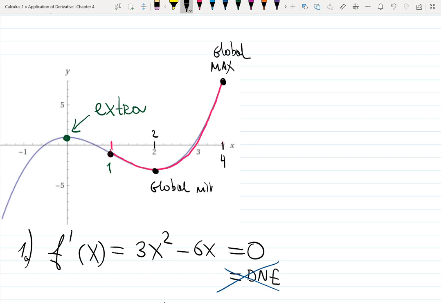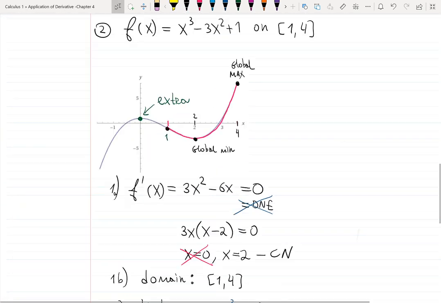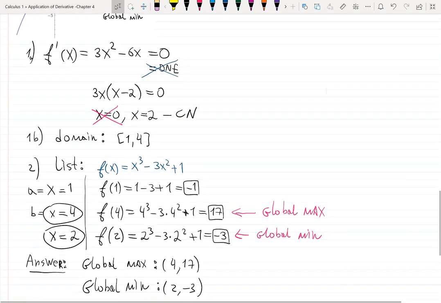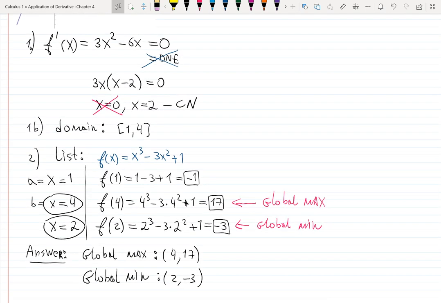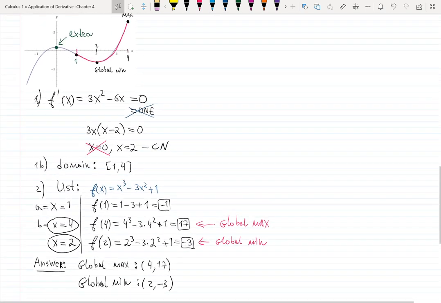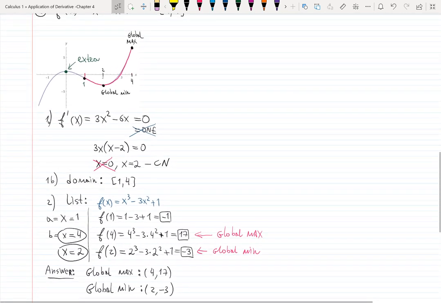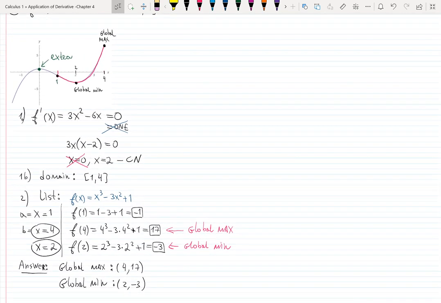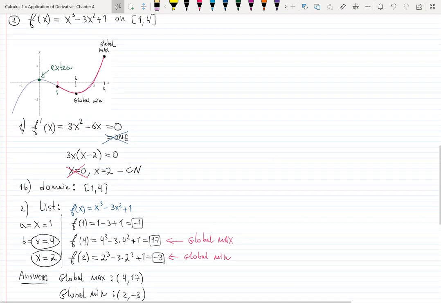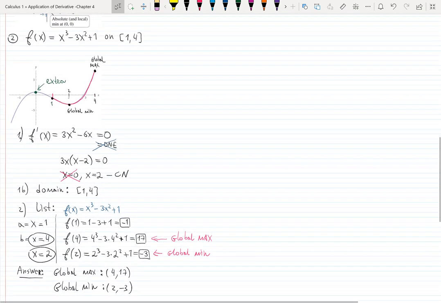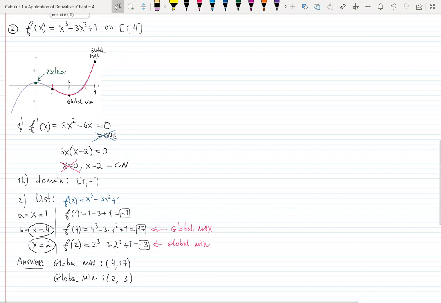Global minimum. So having a graph in front of you is very helpful because you can A, check yourself that you did not mess up, and B, make sure that your answers make sense. If you get something like negative million, I don't even see it on the graph. So it's very convenient and a good idea to always use your graphing calculator or any graphing tool you have to check the answer.